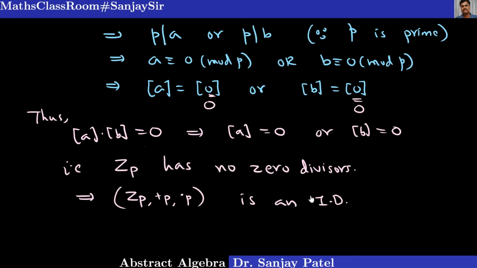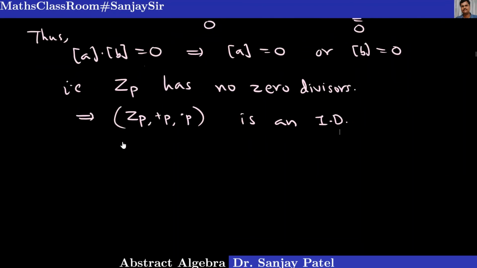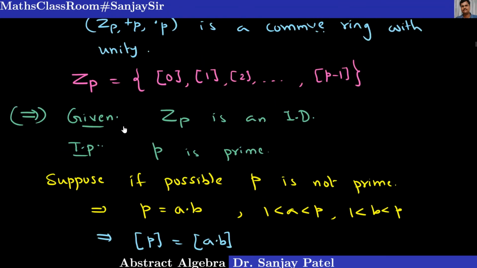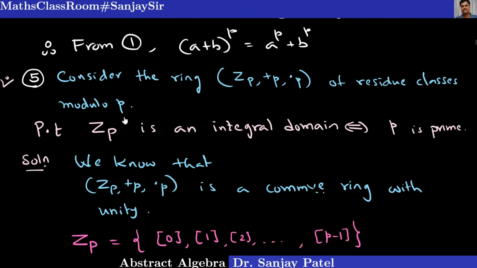So in this problem, we have proved an important result, that the ring Zp of residue classes modulo p is an integral domain if and only if p is a prime number. And as an immediate consequence, you can also state that Zp is a field if and only if p is a prime number. So let me write that down as the next problem.